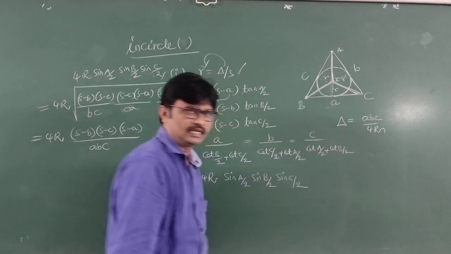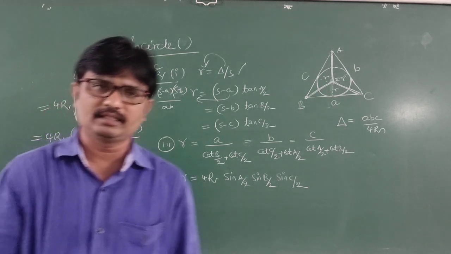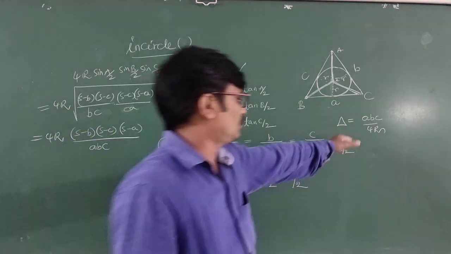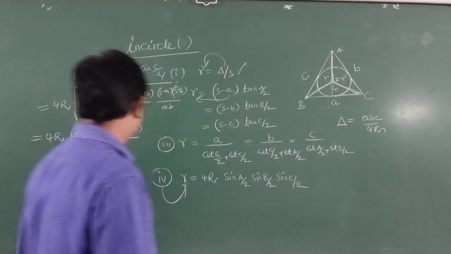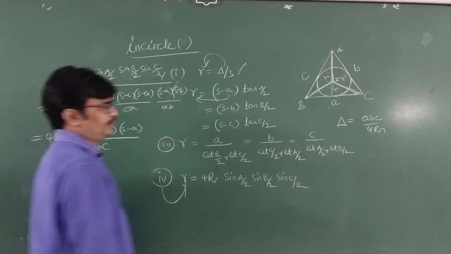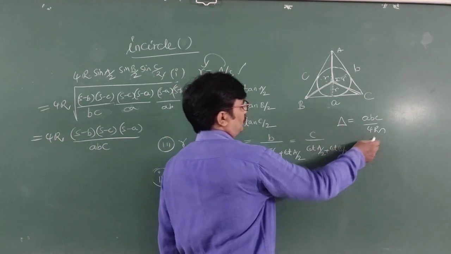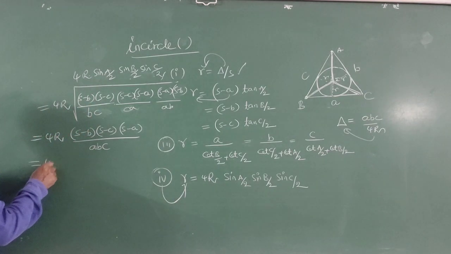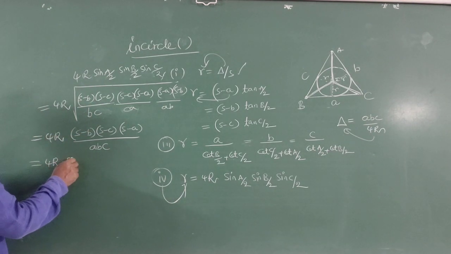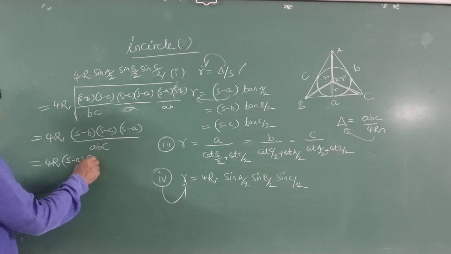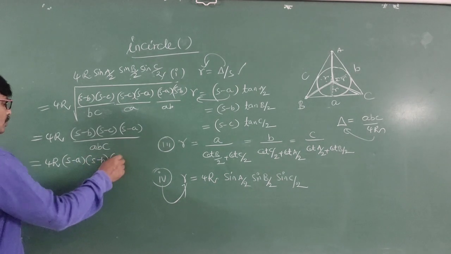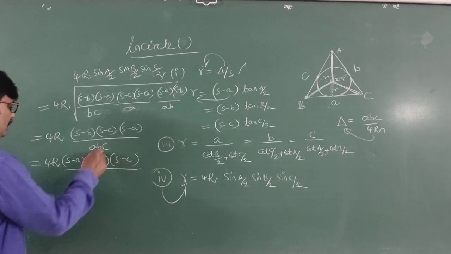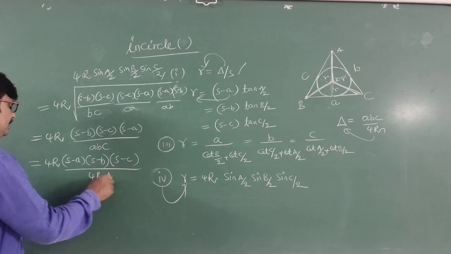Delta equals abc by 4R, so abc can be written as 4R into delta. So students, this can be written as 4R into (s minus a)(s minus b)(s minus c) upon 4R delta.